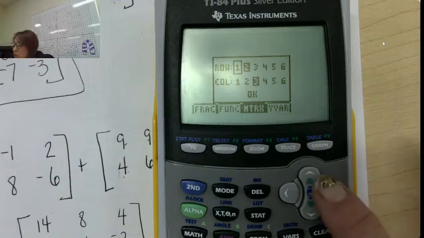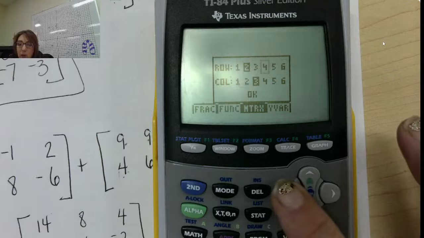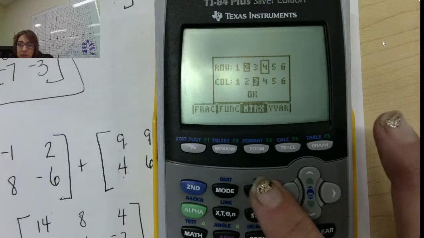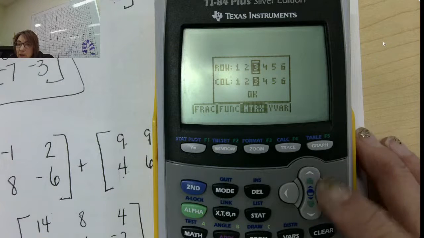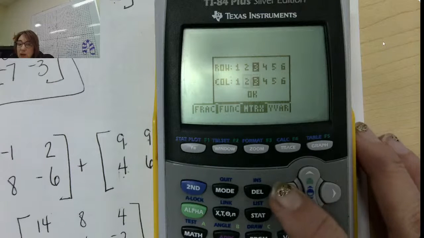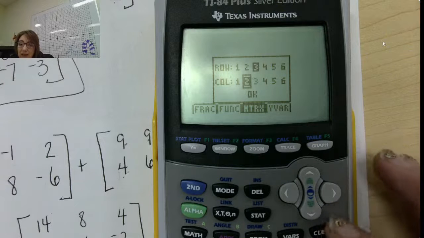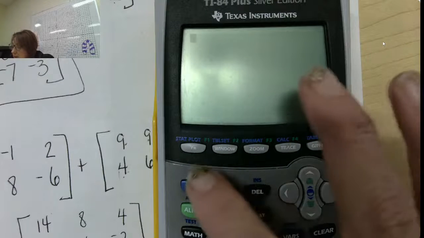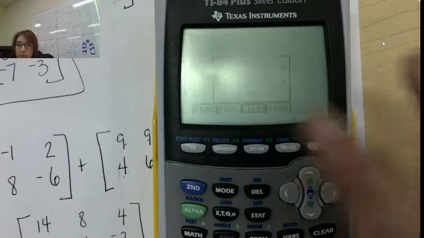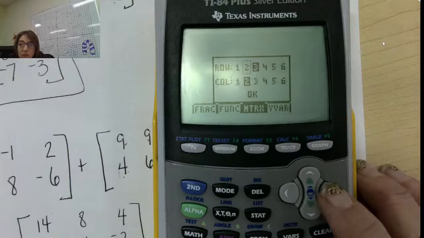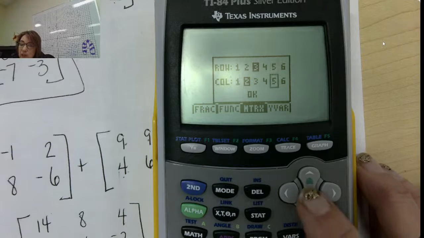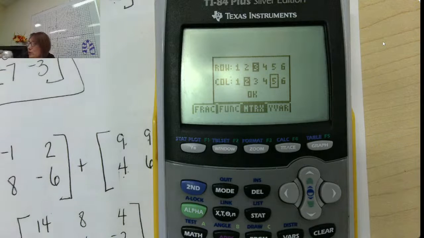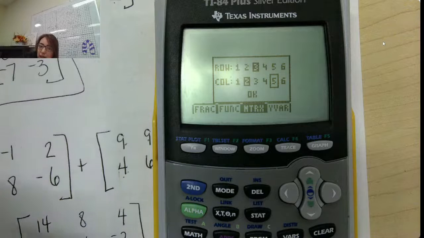So to do that, you just use your arrows and arrow over to whatever location your size is, and you hit enter. 6 is the biggest, 6 by 6. If you're doing something bigger than 6 by 6, you're using a spreadsheet for that, not a calculator.